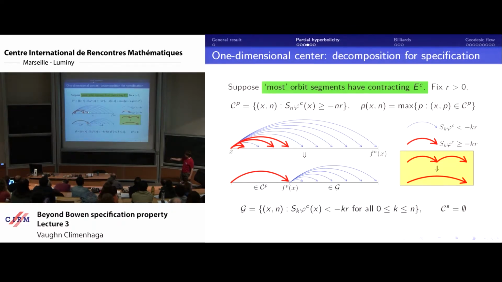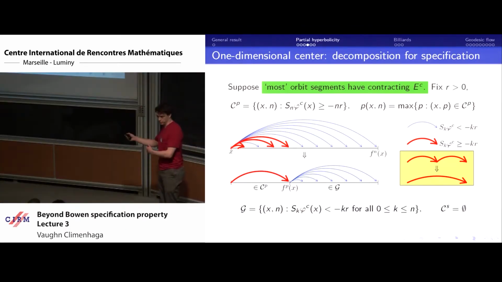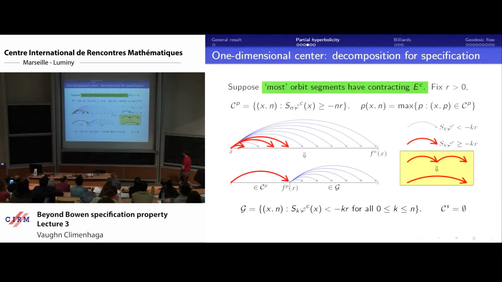Well, then the longer thing from here would also have been red, which would contradict maximality. So it follows that every initial segment of this second half here sees uniform contraction. So if you're used to this kind of stuff, you should look at this and immediately think that I'm talking about hyperbolic times. And indeed I am. This is exactly analogous to the notion of hyperbolic times introduced by Alves.